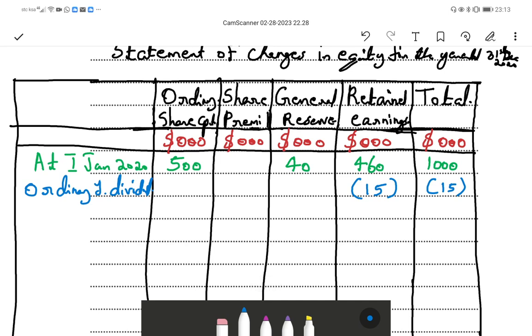Issue of share: share 400,000 and premium 150,000. Total is 400 plus 150, 550,000.